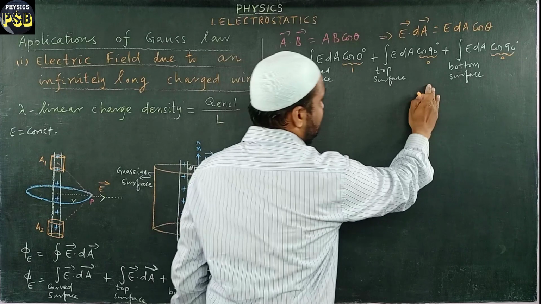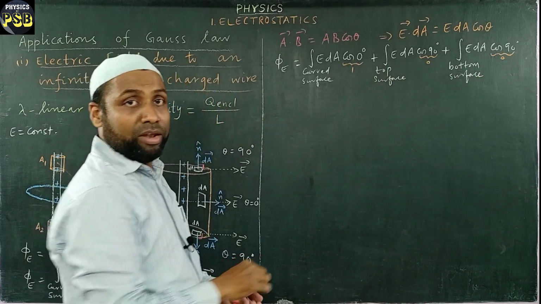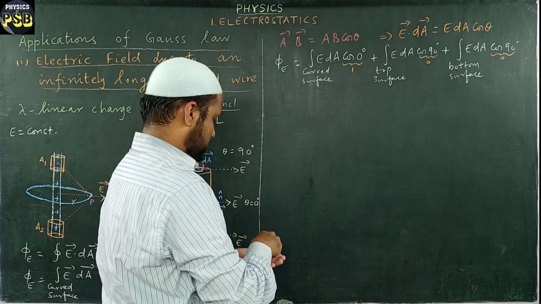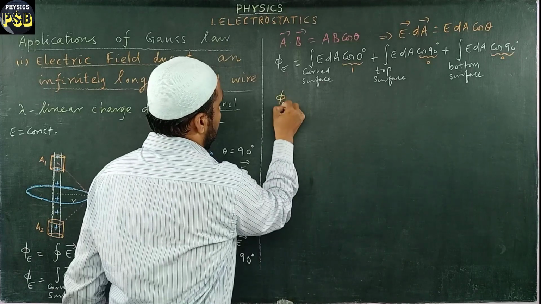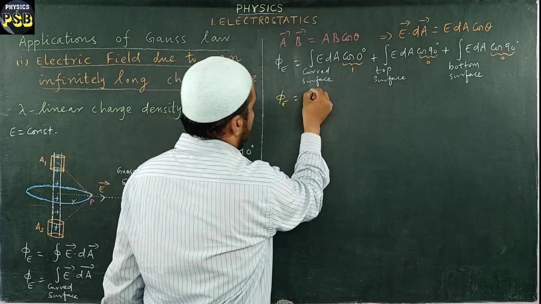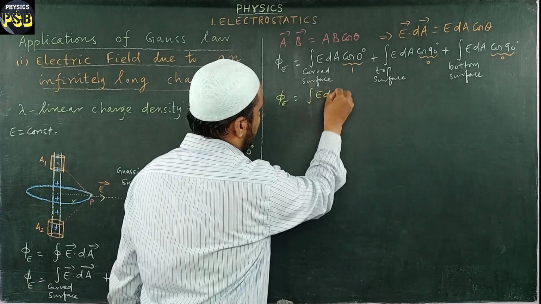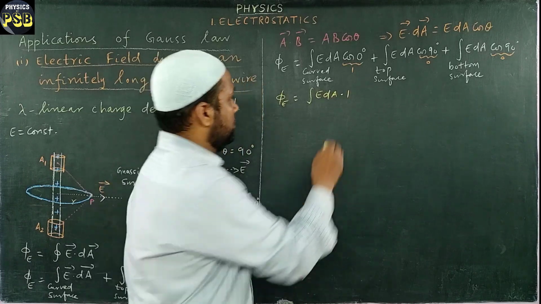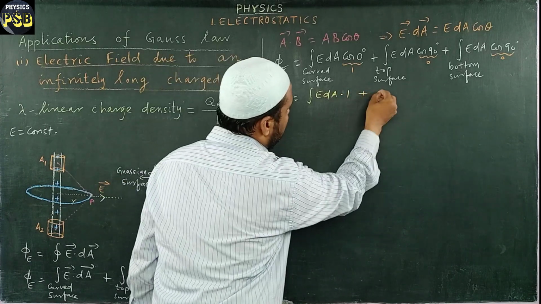So the entire term becomes 0, whereas here it is written in this manner. Phi E is equal to the integral of E dA multiplied with the 1. And this becomes 0.